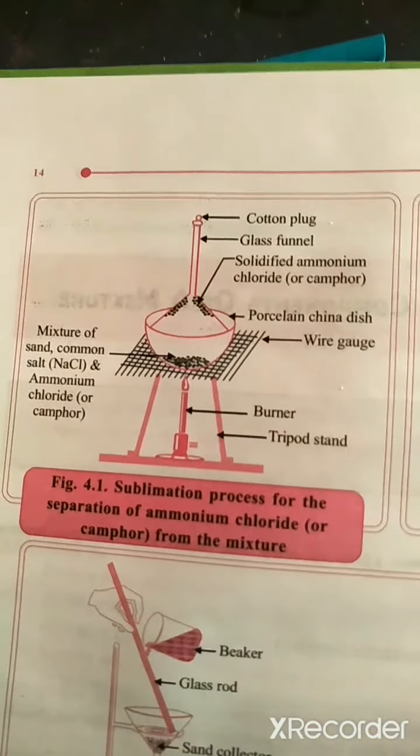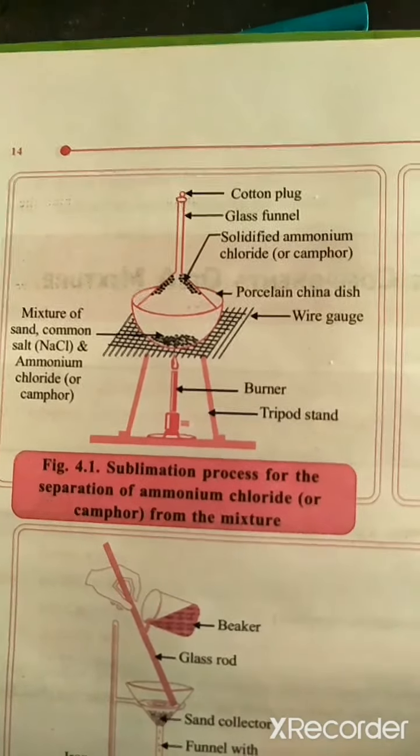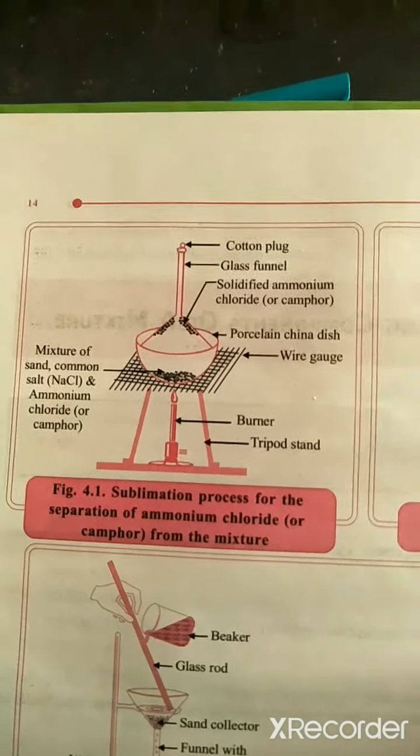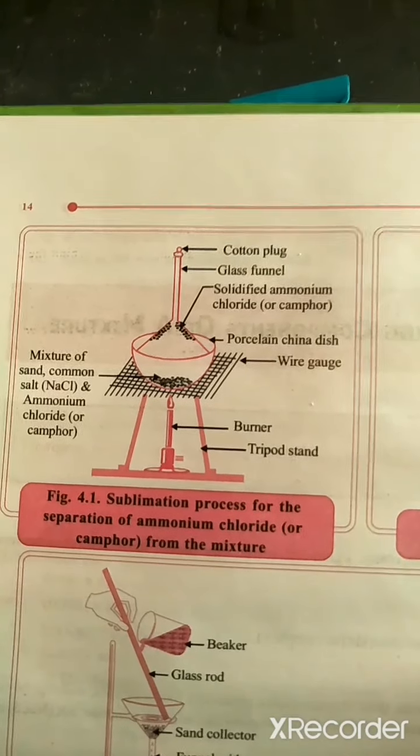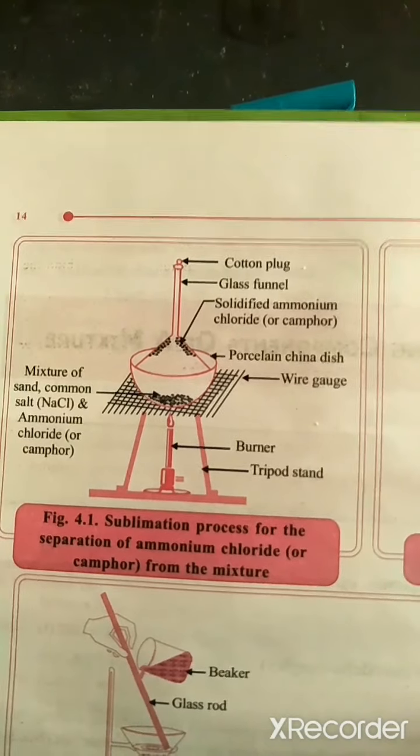Here you can see the solidified ammonium chloride crystals. Ammonium chloride directly converts into vapor on heating, and the vapors are directly converted into solid on cooling.